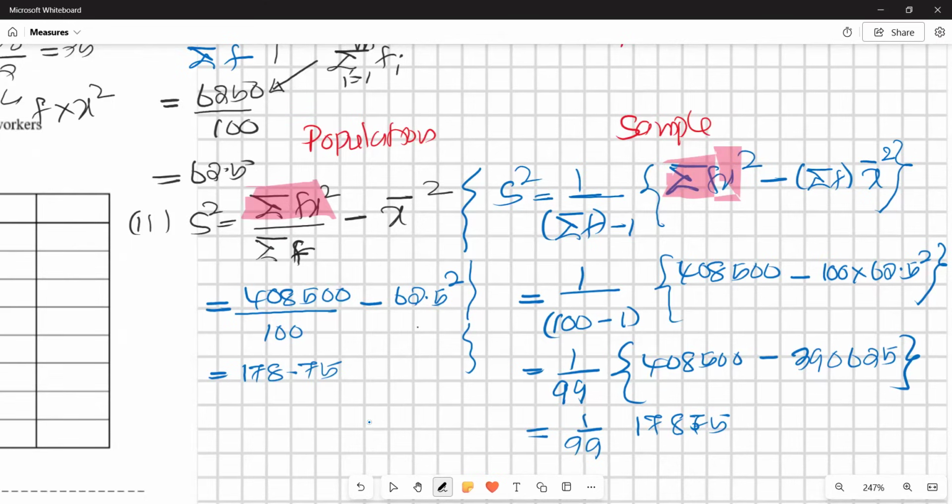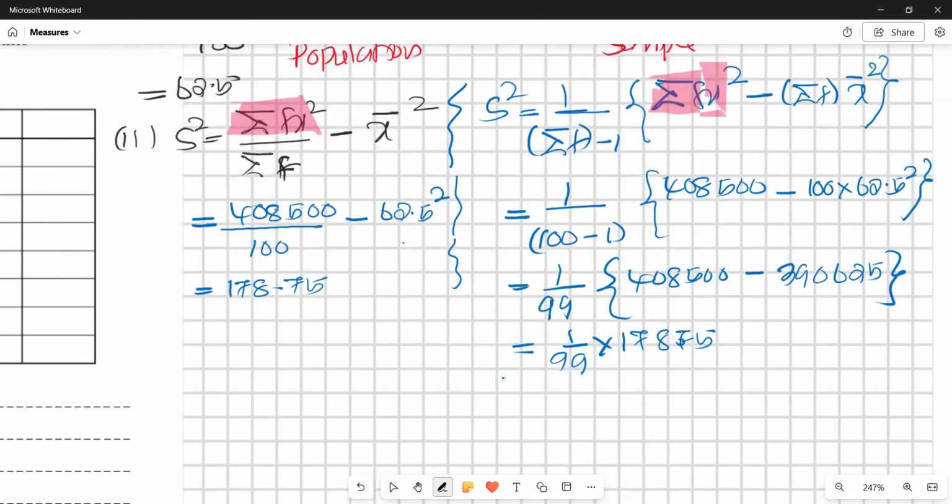Divide by 99. It will be 180.5555. But Candy people, you have to use this one.